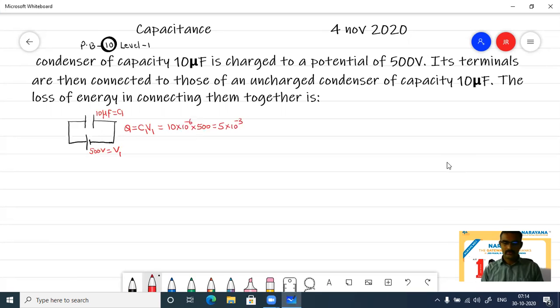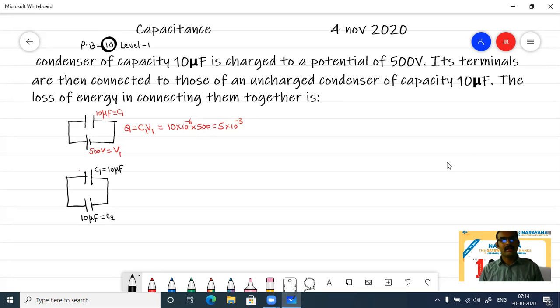So again it is connected like this now. This is our original capacitor, which I take as C1 equal to 10 microfarads, connected to another capacitor, again 10 microfarads. So this I will say C2 now.